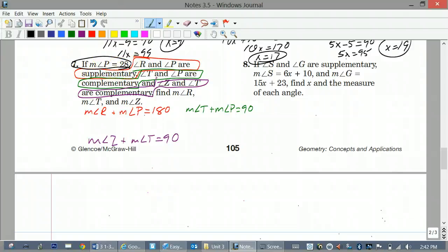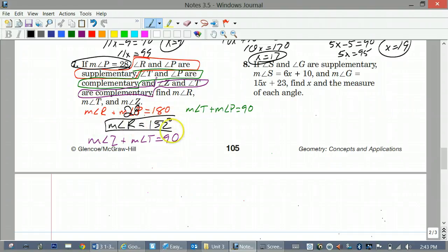After I start writing stuff down, I noticed I missed the first part, where the measurement is 20. But because I had already written that down, all I need to look for is spots that have measure of angle P in there. So I just write 28 there. Oh wow, I can find measure of angle R now. 180 minus 28. I can see it only because I first wrote down those equations. Do it the way I do it. So measure of angle R is 52.